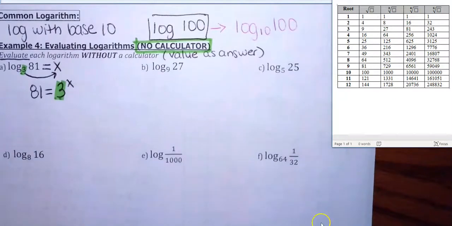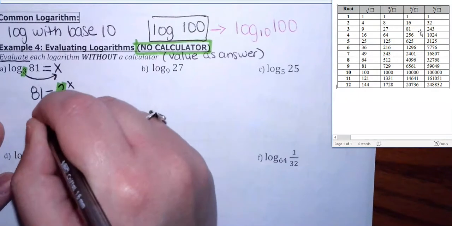Okay, now come over here and I want to see if I can find 81. And I've got a couple options. 81 is 9 squared, but 81 is also right here 3 to the 4th. So because this is a 3, let's use the 3. I'm going to rewrite 81 as 3 to the 4th power.